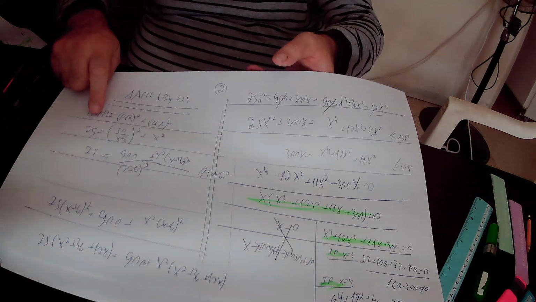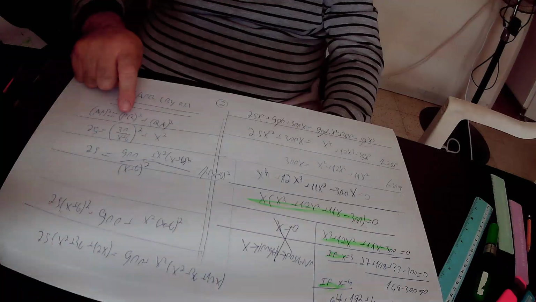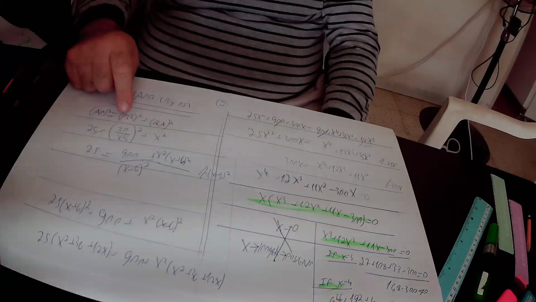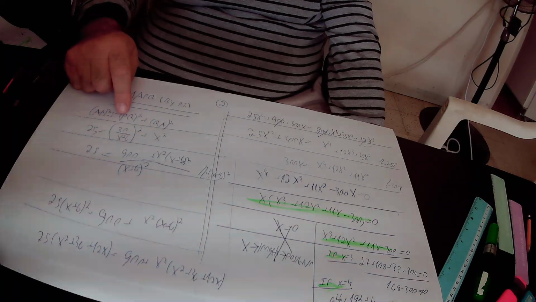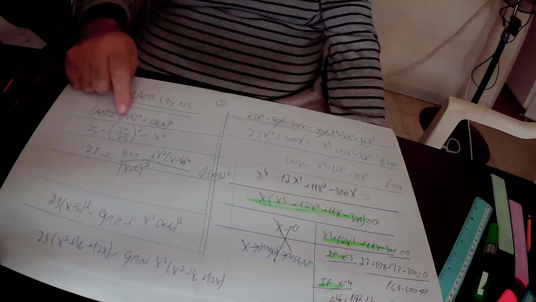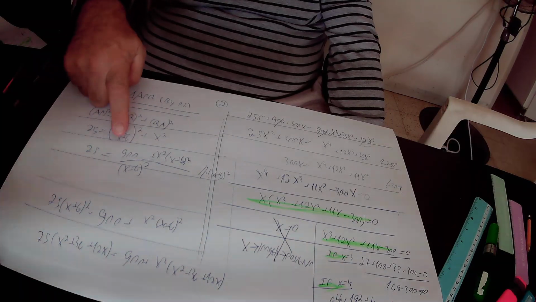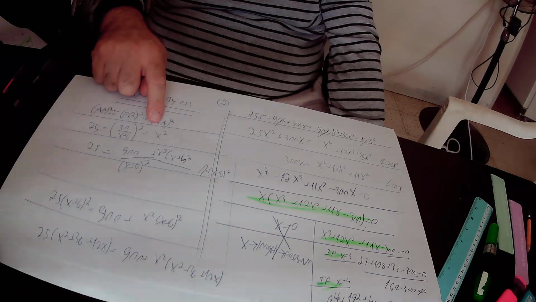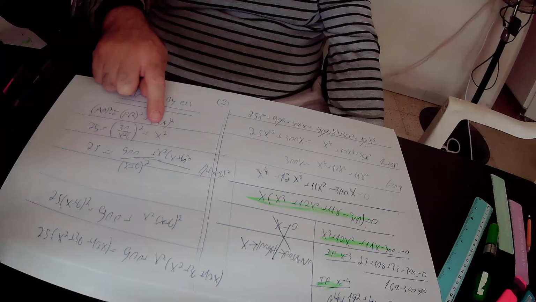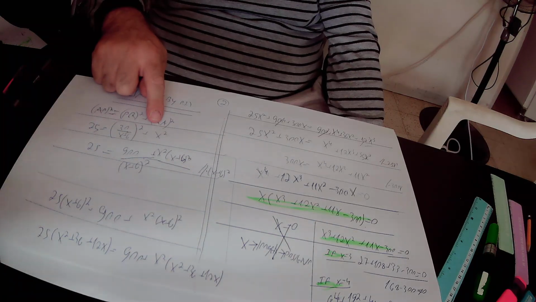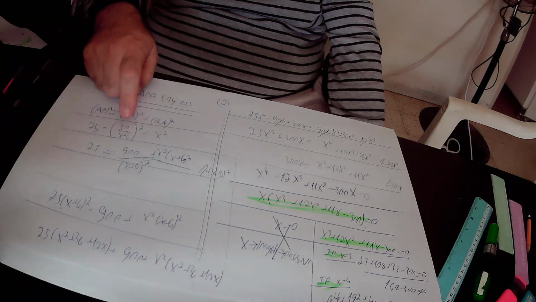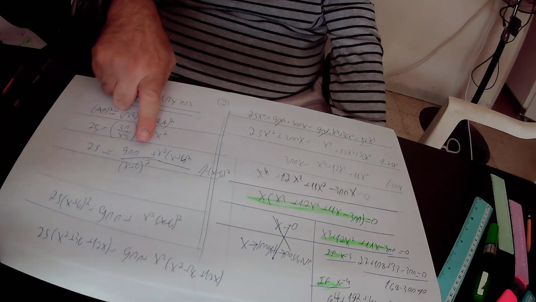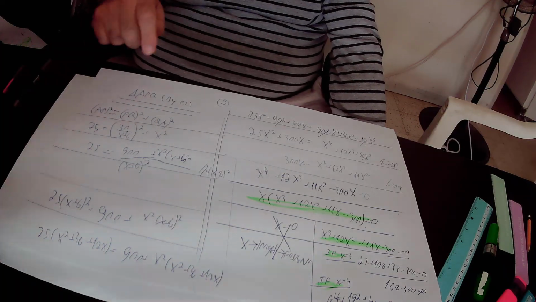So in total, we found that 25 equals 30 over x plus 6 squared, plus x squared. Opening the brackets, 30 over x plus 6 squared equals 30 squared, that is 900, over x plus 6 squared, plus x squared. We multiply x squared by x plus 6 squared and divide by x plus 6 squared in order to combine with this term.